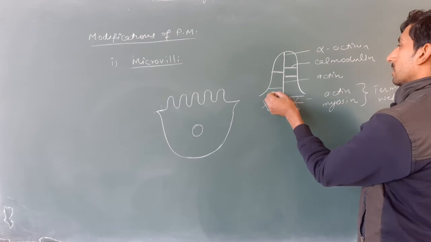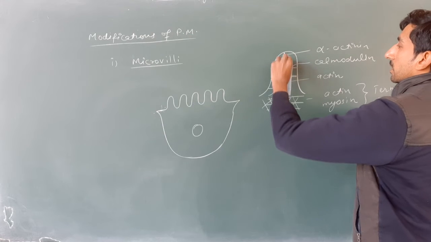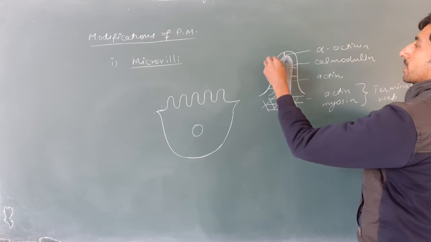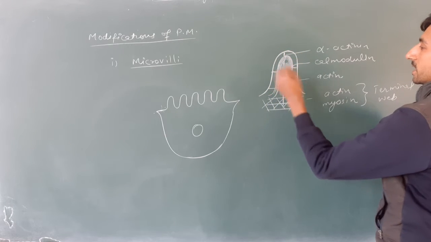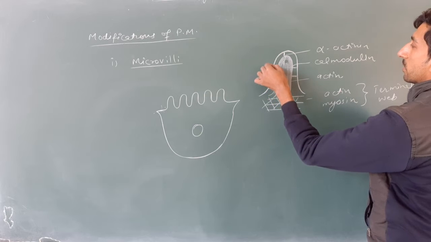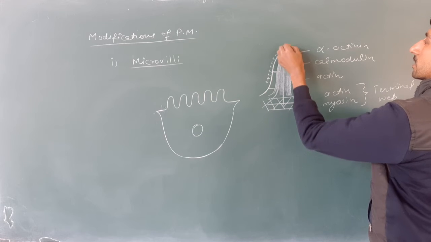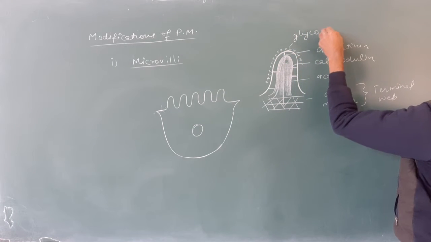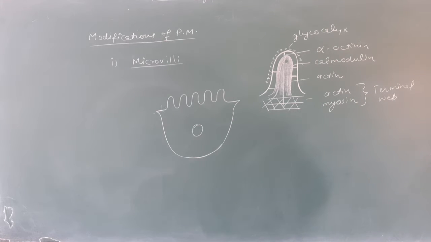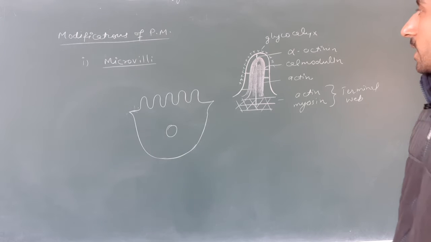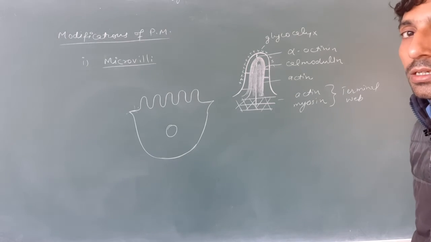There is cytoplasm in the core of the microvilli, and there is plasma membrane which has a fuzzy coat of glycocalyx on the surface. This is microvilli. This increases the surface area for absorption or reabsorption, absorption in case of intestinal cells and reabsorption in case of renal tubular cells.